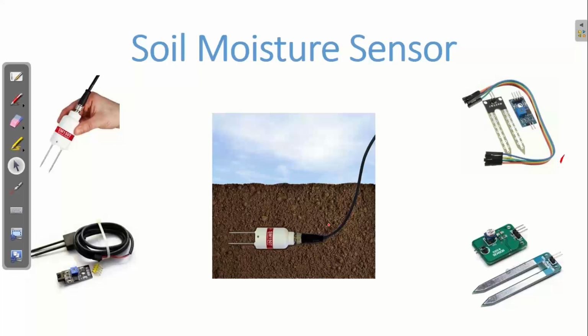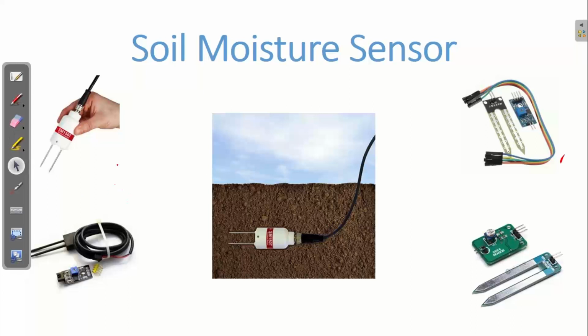Suppose in only half an hour the moisture content has become 100%, then for the next half hour you are wasting your time, water, petrol, diesel and all. Yes or no? So much wastage is there. So this soil moisture sensor plays a very vital role. I hope you have got my point.